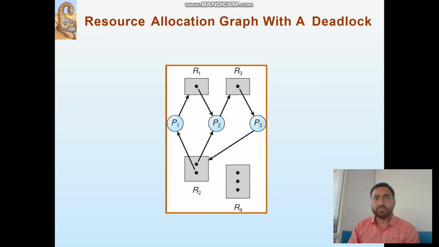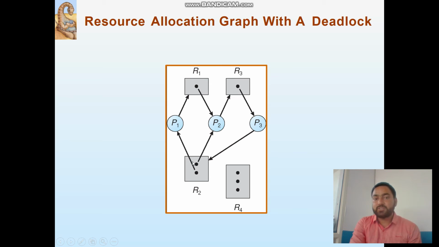And this is a resource allocation graph with a deadlock. In this you can see process P2 is assigned an instance of resource R2 and is requesting an instance of resource R3. Similarly, process P3 is assigned an instance of resource R3 and is requesting an instance of resource R2.